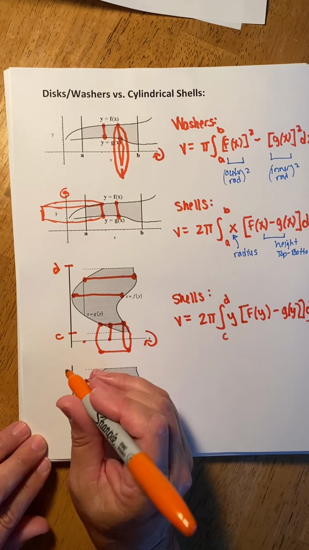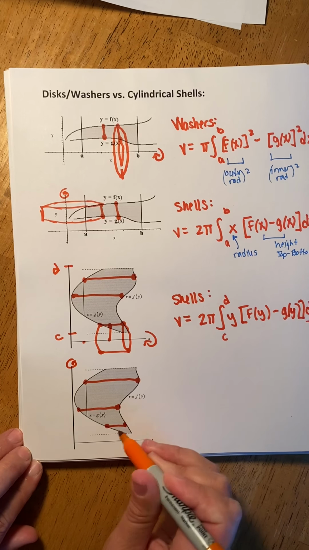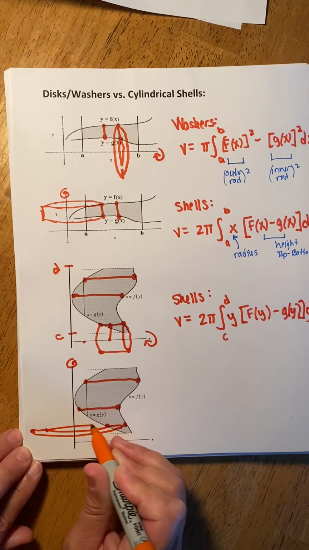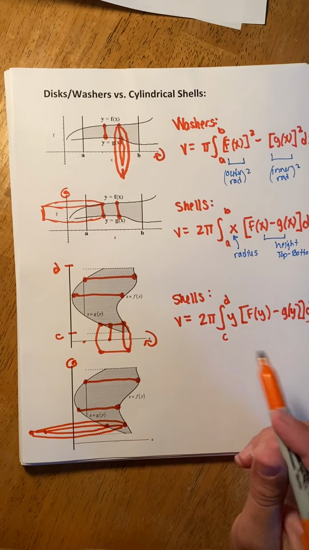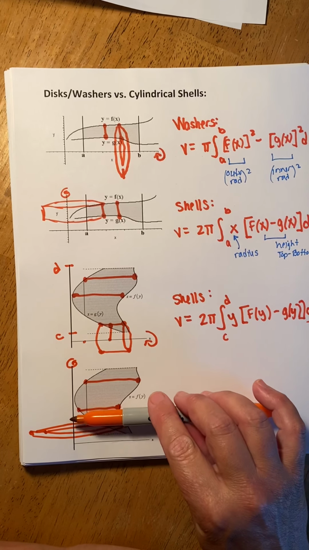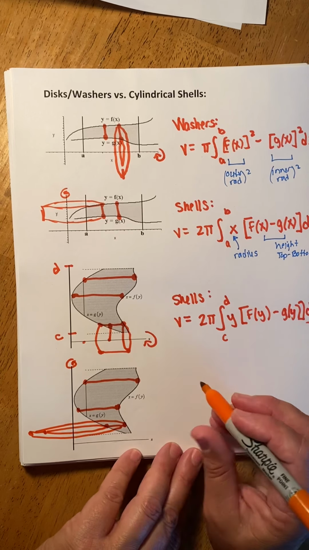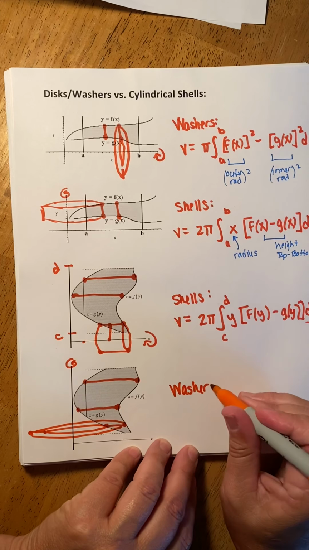But if we were rotating this about the y-axis, let's look at this guy right here, I would have a washer right there. So if we have a nice right to left rotation, but we are rotating vertically, that's screaming at us to use washers or discs if it's flush against the axis of rotation.